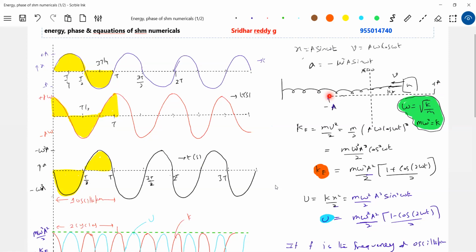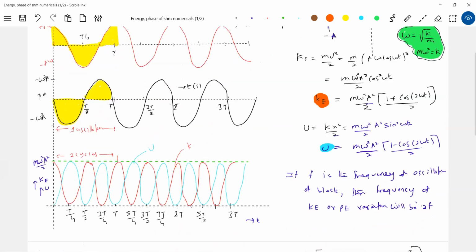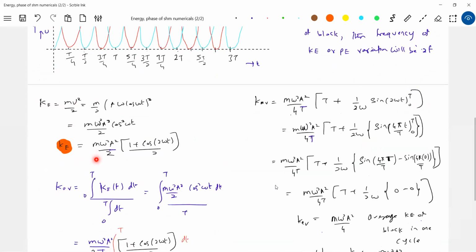I may ask you any of these things. So what you should do, there's a formula. Can you remember this? I introduced this in kinematics to find the average of any quantity, not only speed. Hope you can recollect what we discussed earlier. Okay, just see once.